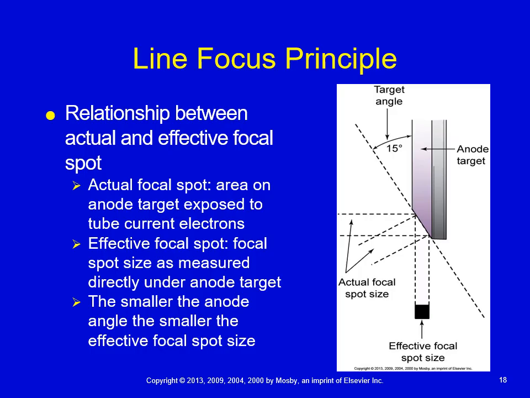Some terms you need to be familiar with in terms of the line focus principle: the effective focal spot, which is the area on the anode as seen from the patient's perspective, that's being projected onto the patient and the IR. And then we have the actual focal spot as well. That is the area on the actual anode target where the electrons interact and the X-rays are actually being emitted from.